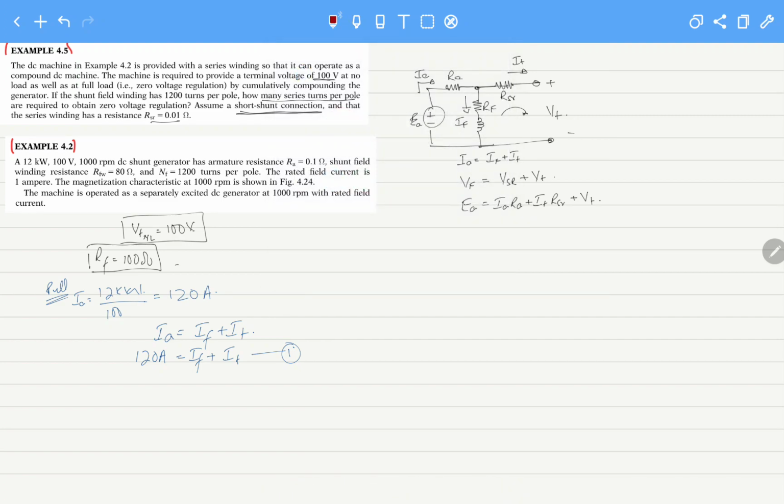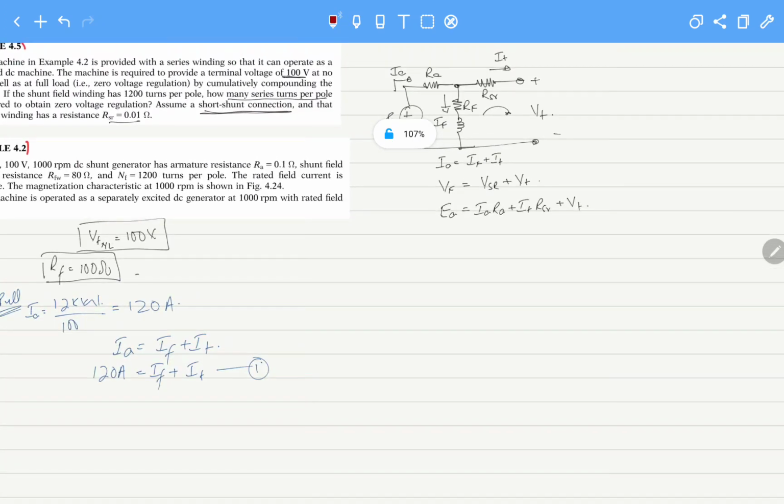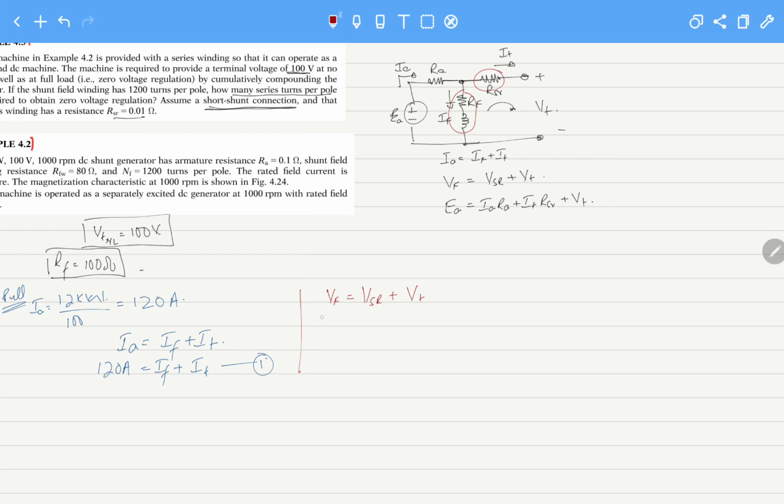Now let's look at another important thing. We have seen the equation that VF is equal to V series plus V terminal. VF is IF RF, equal to V series, which is IT times R series, plus V terminal.